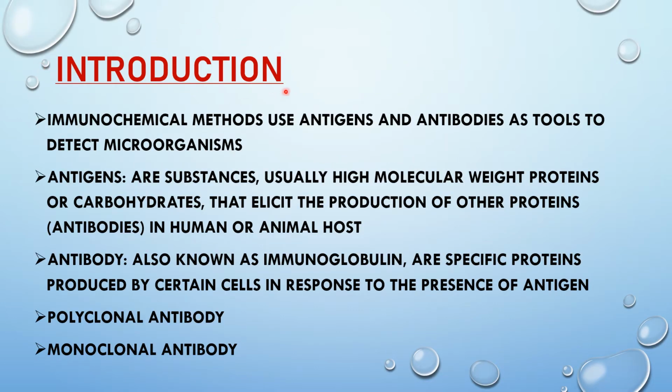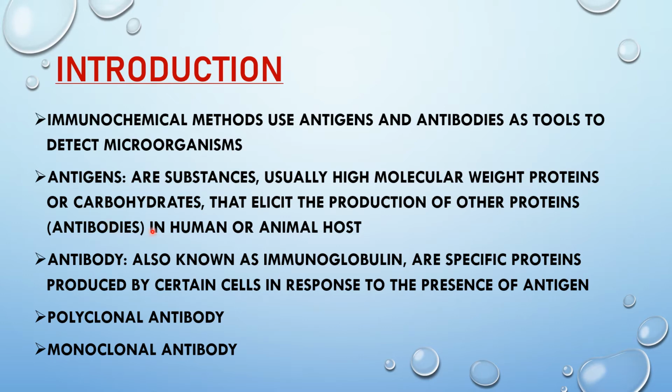So what are these immunochemical methods? Immunochemical methods use antigens or antibodies as tools to detect the microorganism. What do we detect in these methods? Antigens or antibodies. What are antigens? Antigens are substances, usually high molecular weight proteins or carbohydrates, which elicit the production of other proteins.